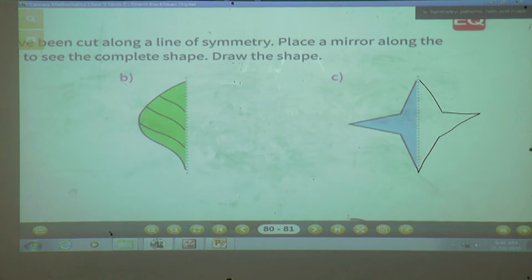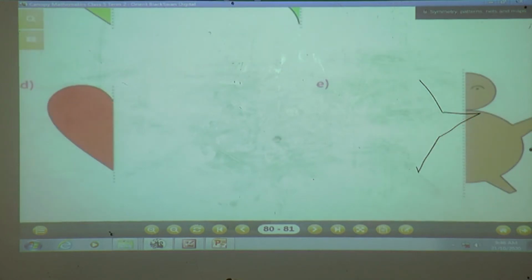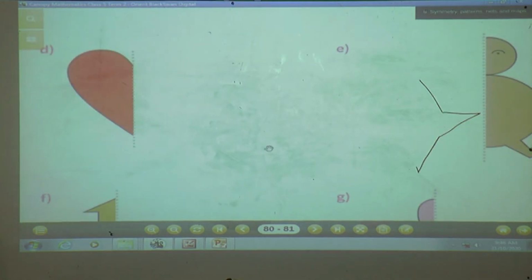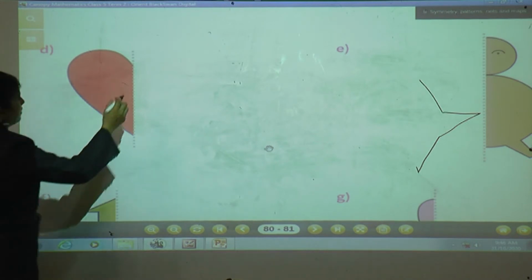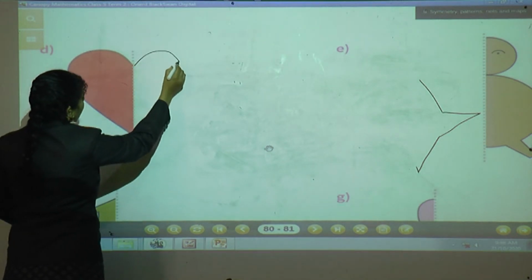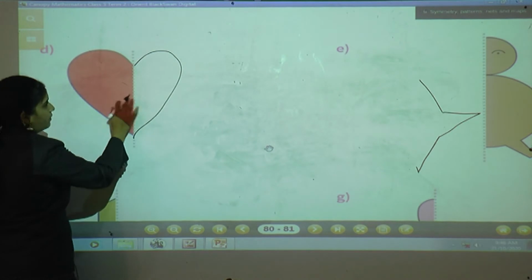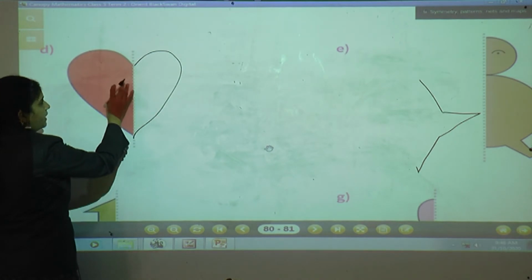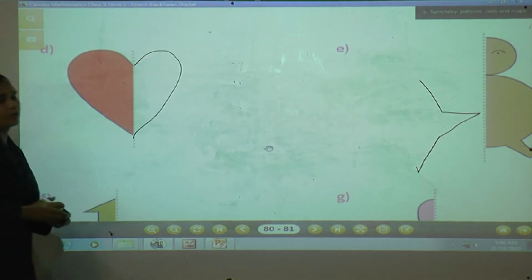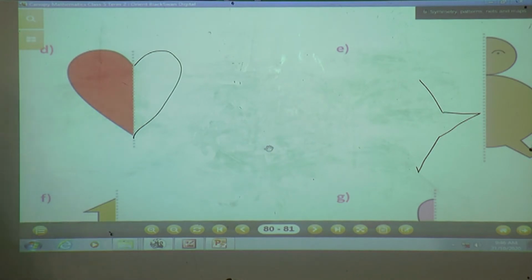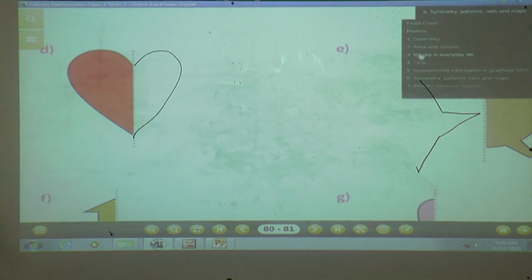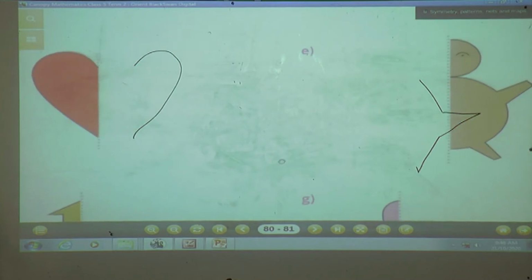Now see B1. Here it will complete the figure, and as per the color you can color the remaining part. Next E1.